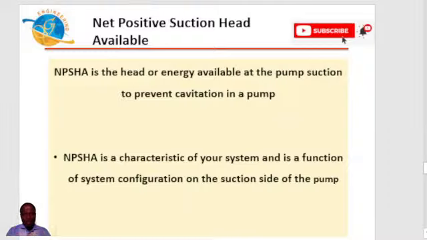It's a characteristic of your system, and it's a function of the system configuration on the suction side of the pump.